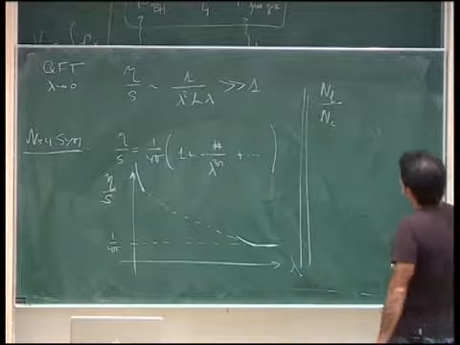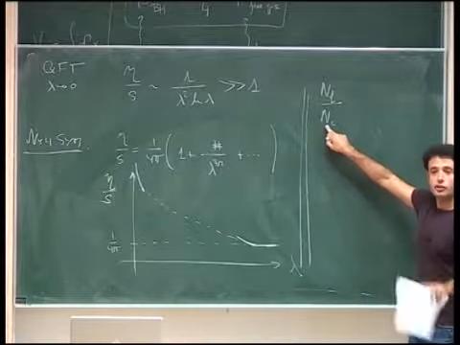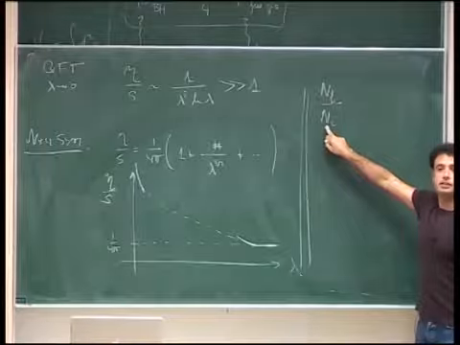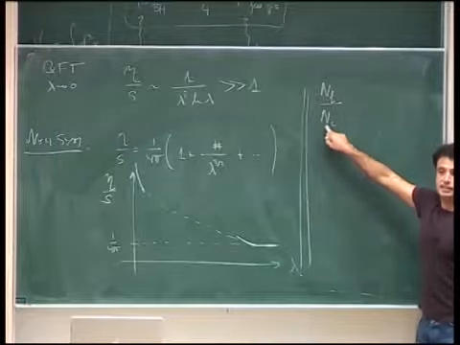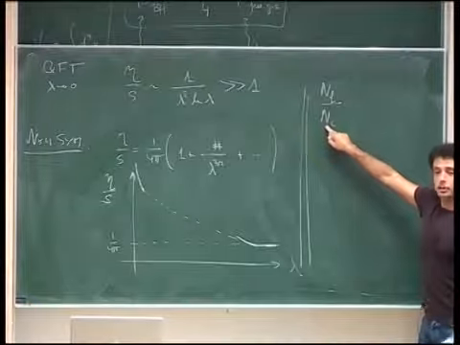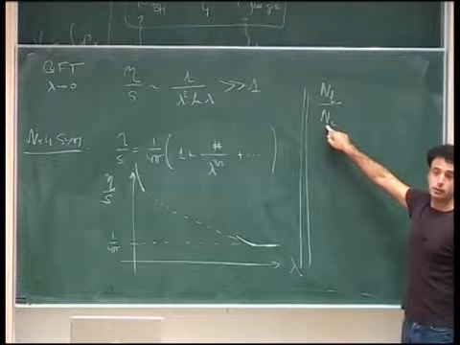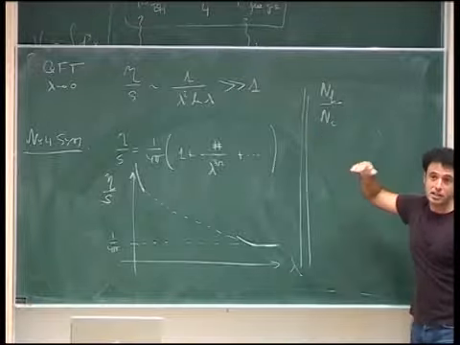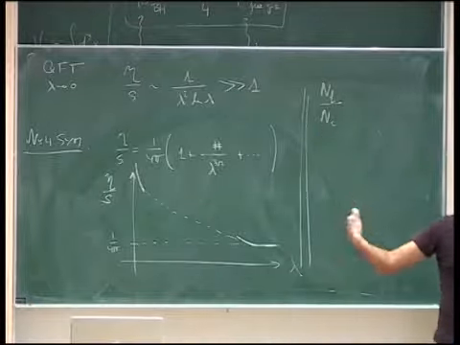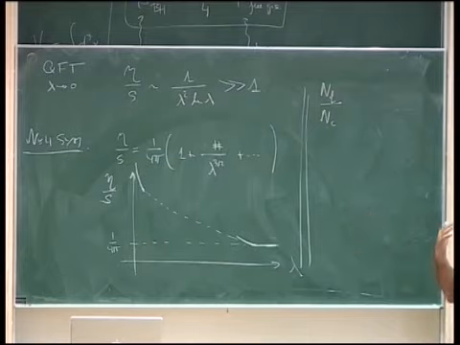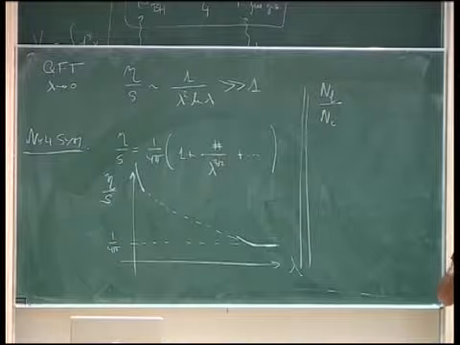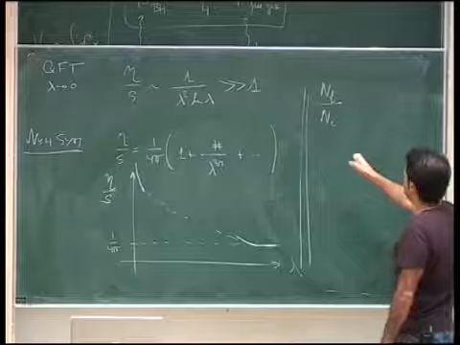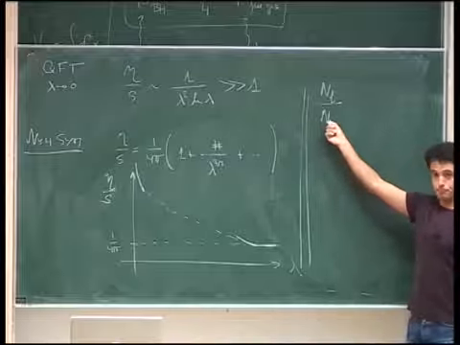And so the first non-trivial 1 over n correction, the leading correction, is associated to the quarks. Because if you were to calculate the first 1 over n correction for a theory with only adjoint matter, or gluons, that would come at order 1 over nc squared. The expansion in the large n for theories with adjoint matter only is an expansion in 1 over nc squared. If you have quarks, that's an expansion in 1 over nc. And so this is actually the most important leading correction.